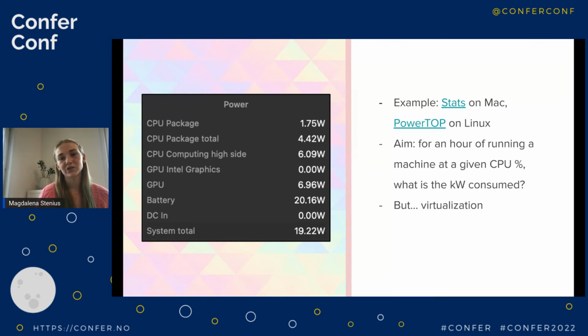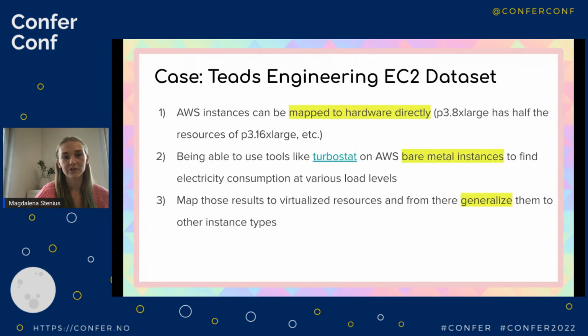The challenge here was that virtualization blurs the border between hardware and the actual machine. And we found an amazing resource related to this gathered by Teads Engineering, especially with regard to AWS EC2 compute.